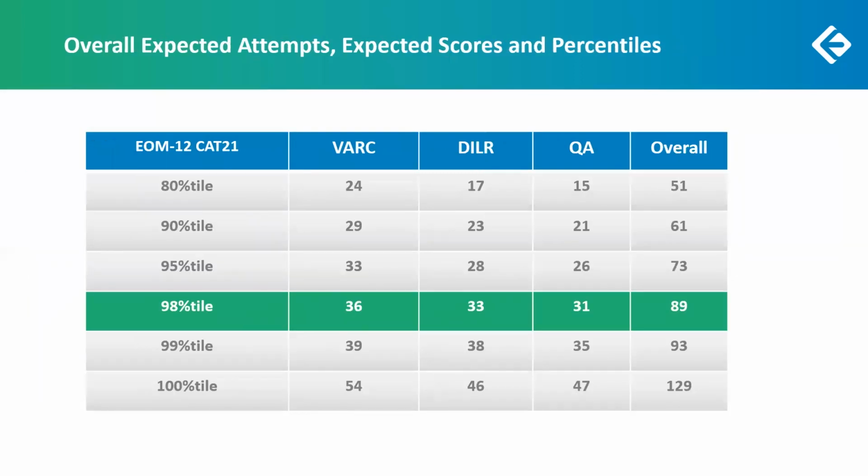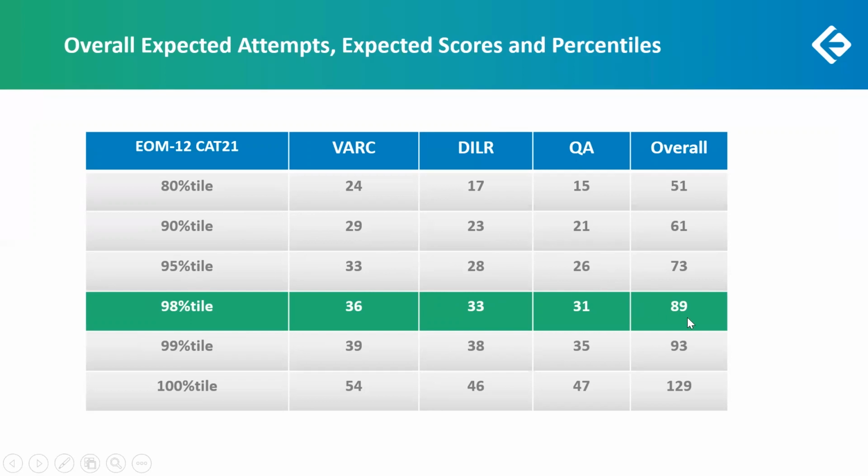So overall, we are looking at a score of 51 with about 24 in VARC, 17 in DILR, and 15 in QA, fetching you an 80 percentile. A score of 61 with 29 in VARC, 23 in DILR, 21 in QA, fetches you a 90 percentile. An overall score of 73 with 33 in VARC, 28 in DILR, 26 in QA, fetches you a 95 percentile.